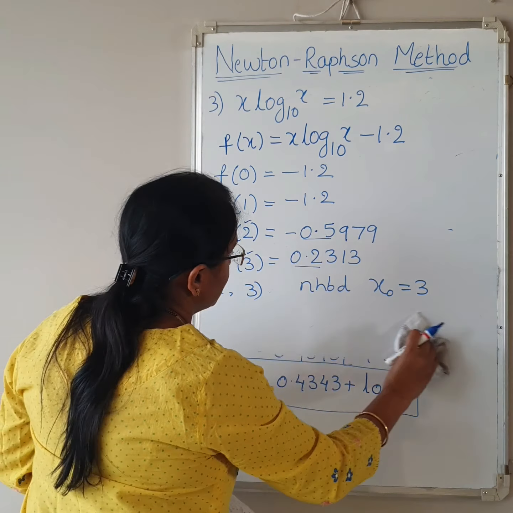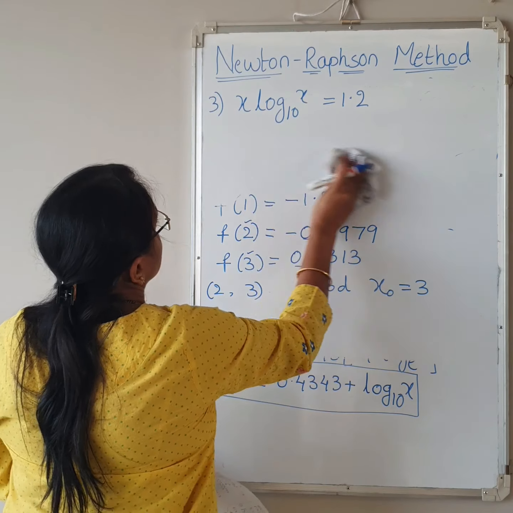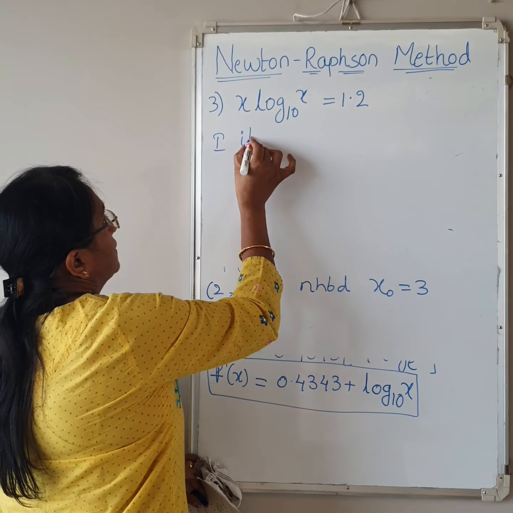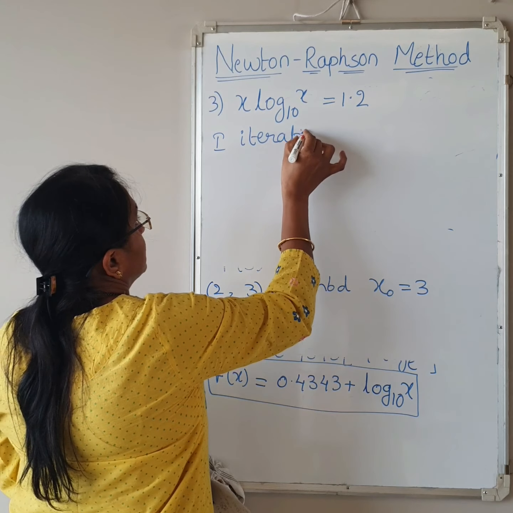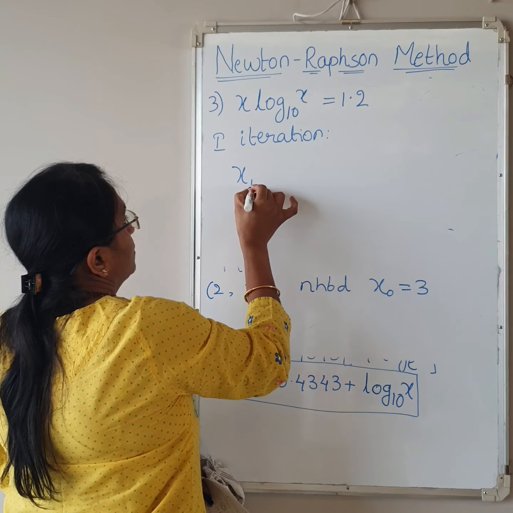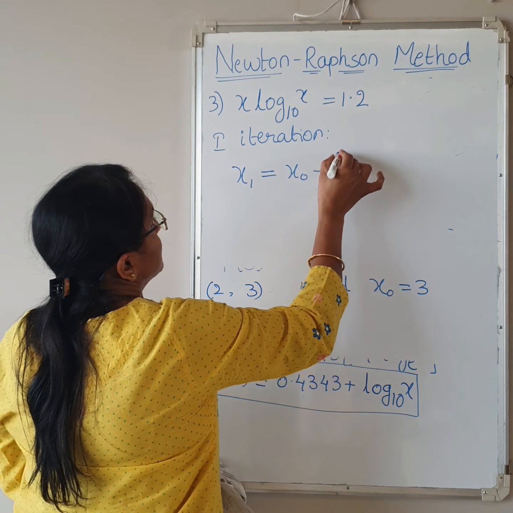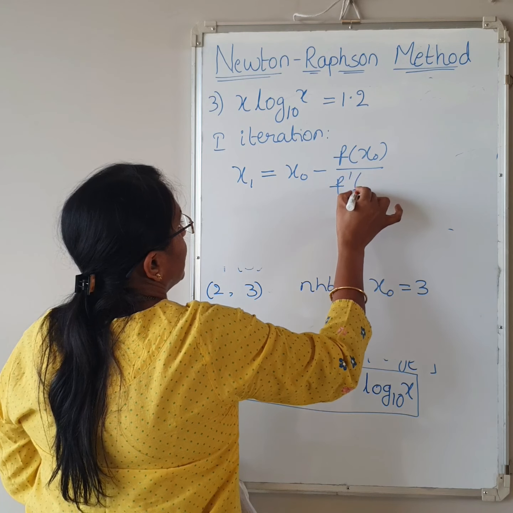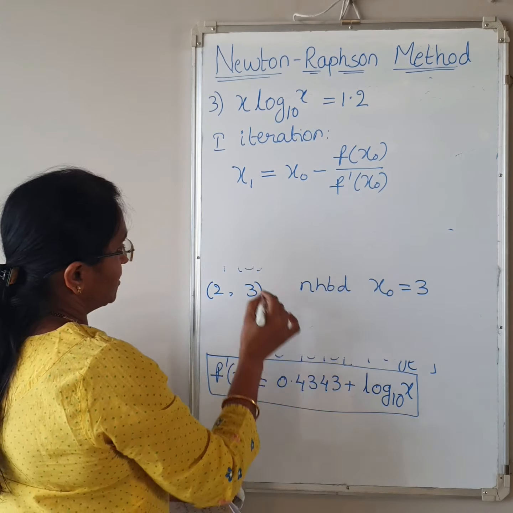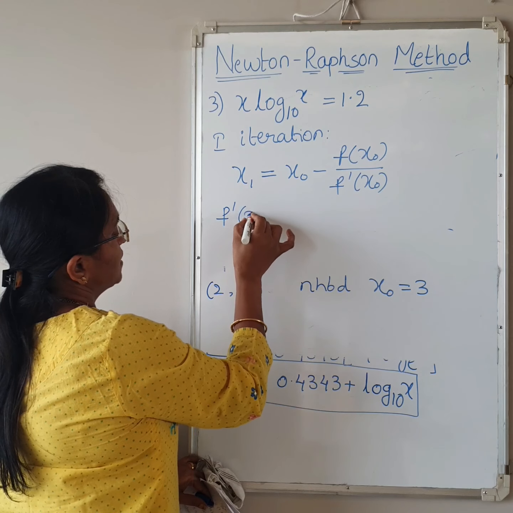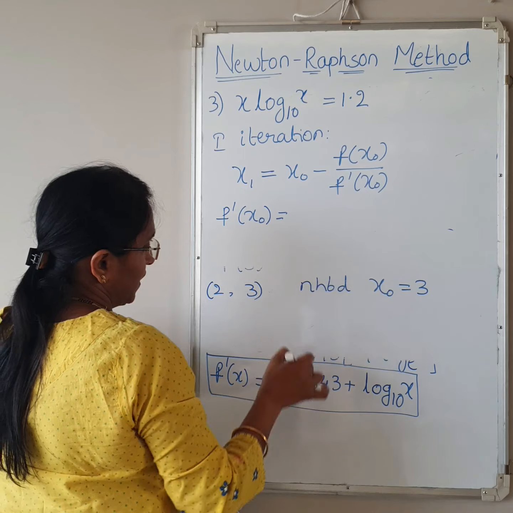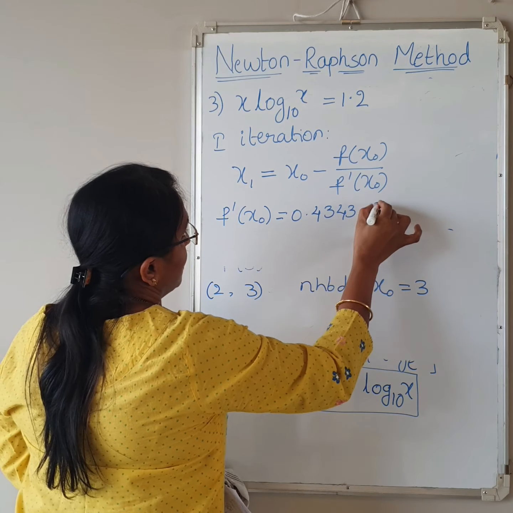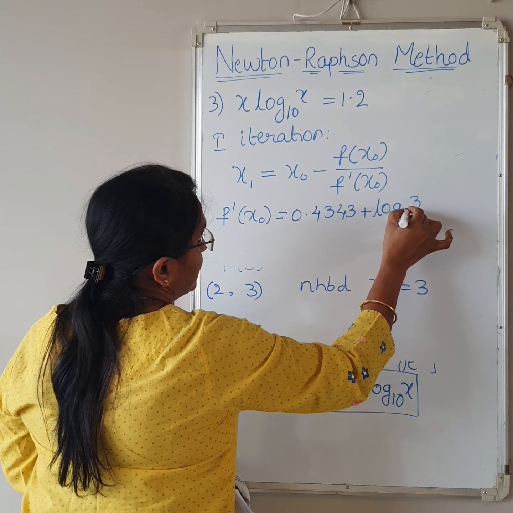So first iteration: x1 is equal to x naught minus f of x naught divided by f dash x naught. So f dash x naught we will find out. f dash x naught is equal to 0.4343 plus log 3 to the base 10.